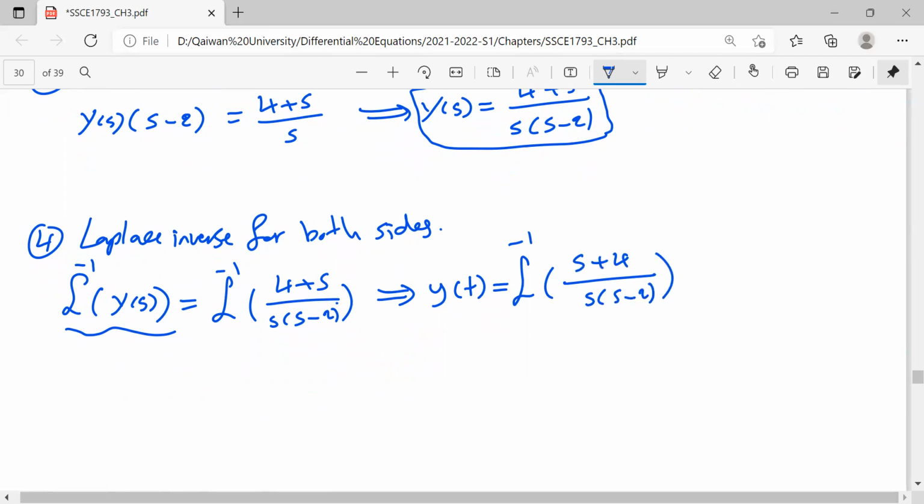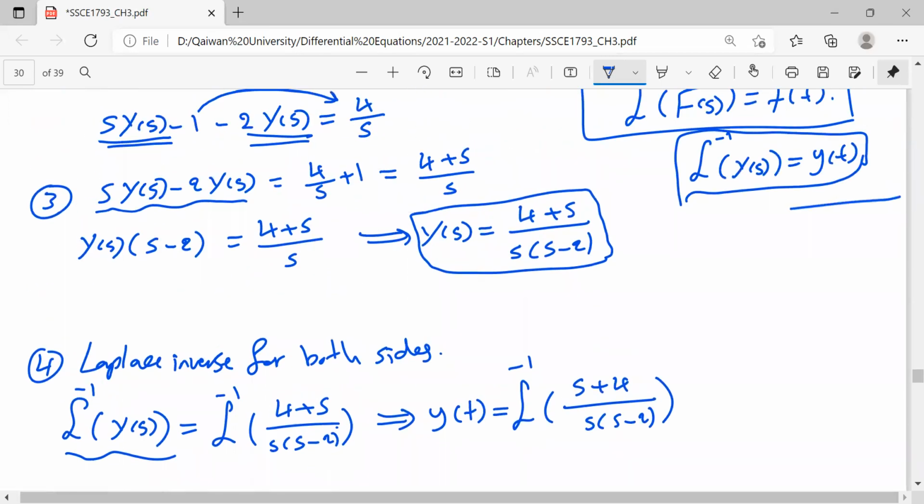Here, since in the denominator we have the multiplication of two brackets, s times s minus 2, in this case we must use partial fractions to find the Laplace inverse.